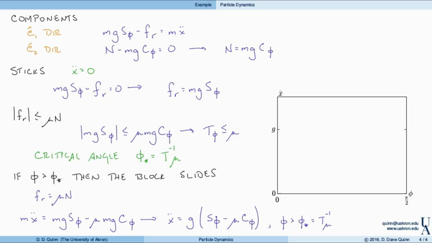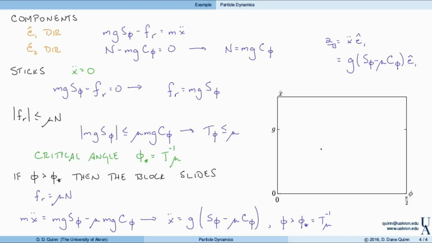And as a result, we have solved for the acceleration. The acceleration finally is x double dot in the E1 direction, or g sine of phi minus mu cosine of phi in the E1 direction, provided the block slips down the plane.